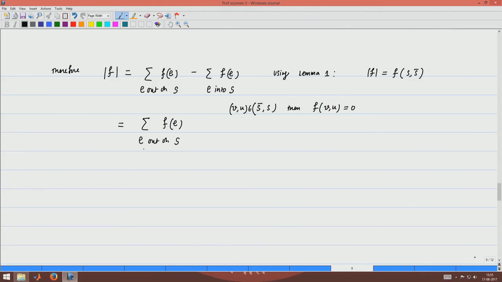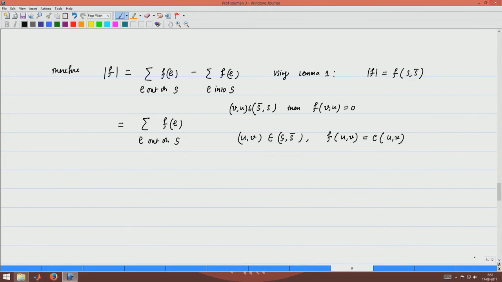Now, the other one is E out of S, that means for all edges u v of the form from S to S complement, that is the edges out of S. For such an edge, what we have proved just now is that the flow of u v is equal to the capacity of u v, right.